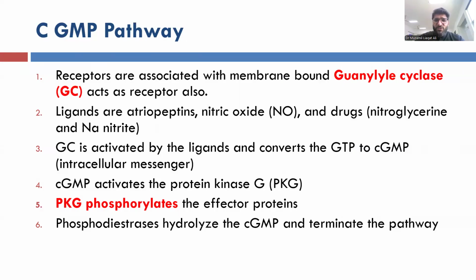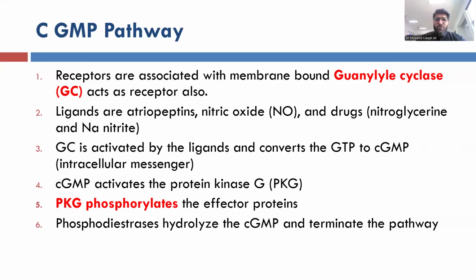When a ligand, the very first messenger, binds to its GQ linked GPCR, the receptor undergoes a conformational change and activates the GQ proteins. The alpha subunit of GQ, in the GTP bound form, stimulates the enzyme phospholipase C, or the PLC, located on the inner leaflet of the plasma membrane.